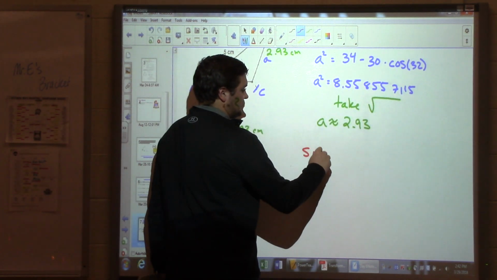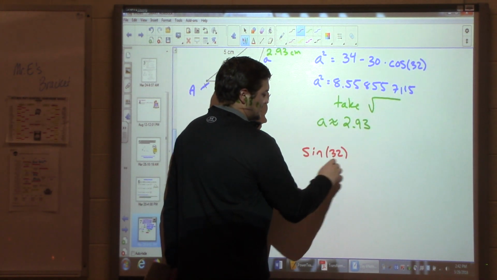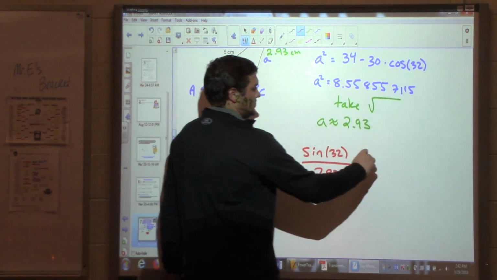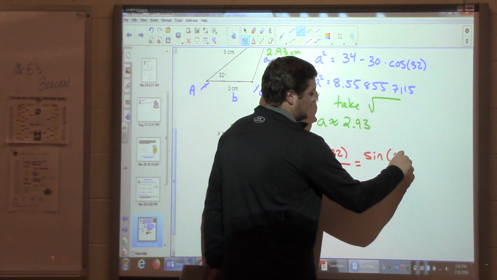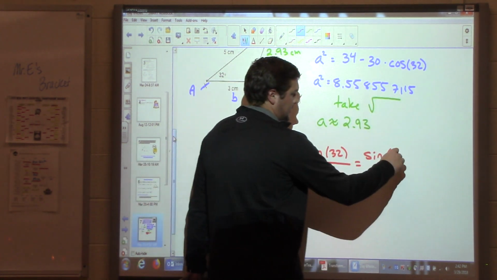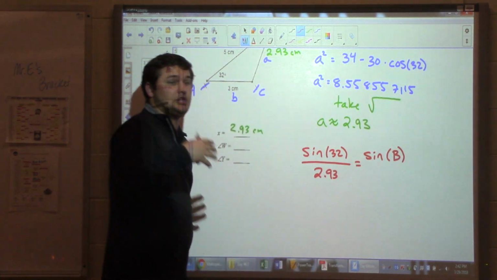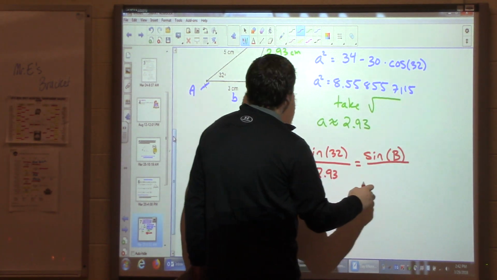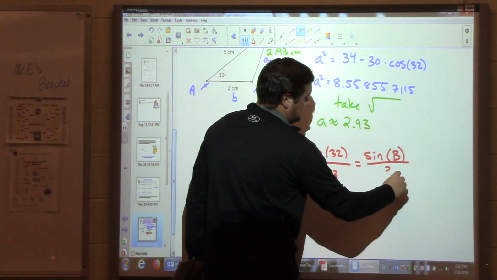So sine of 32 over 2.93 equals sine of, I don't want C, I said B, didn't I? Yes. Sine of B, or sine of W if you're still using X, Y, and W, over side B, which is 3.